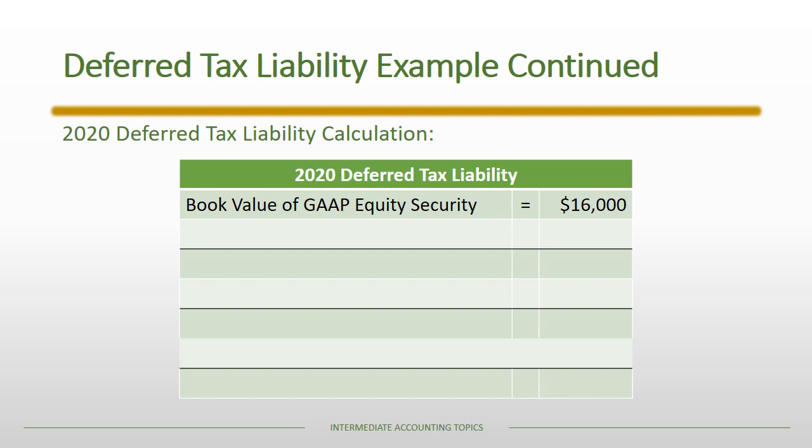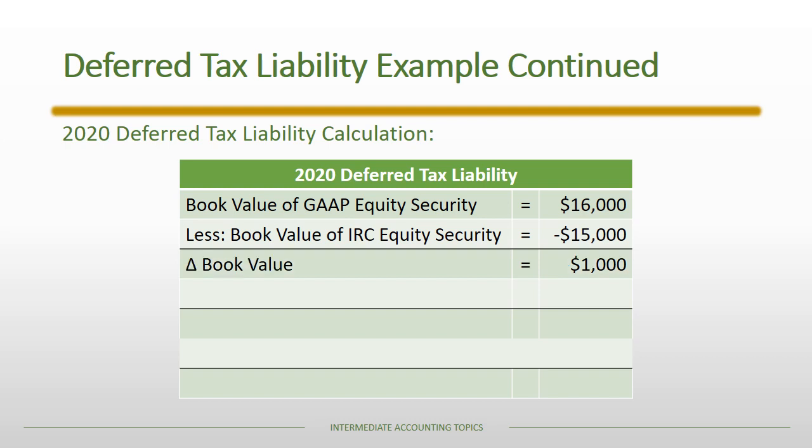But to do the deferred tax liability calculation from the balance sheet approach, you look at the book value of the equity security under US GAAP, and it would be $16,000 because you'd have the original cost plus the fair value adjustment of $1,000. The book value of the same equity security under the Internal Revenue Code would still be at the original cost of $15,000. Therefore, there is a difference in book value equal to $1,000.